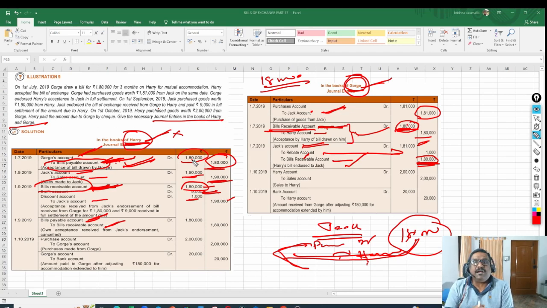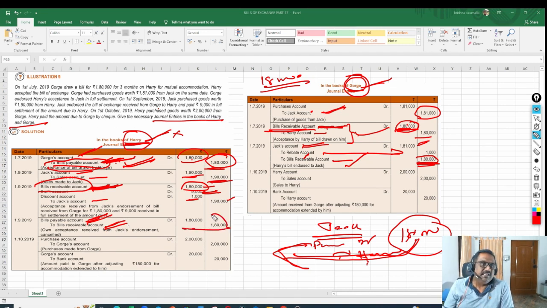So 1,80,000 rupees is showing as a liability, and it is showing as an asset as well. So there is no point in showing both. Impact is zero. So that is the reason we are debiting bills payable account and crediting bills receivable account to the extent of 1,80,000 rupees so that the bill can be cancelled.